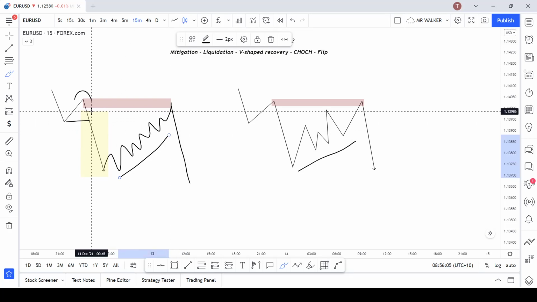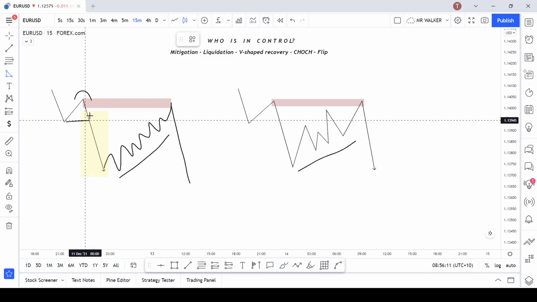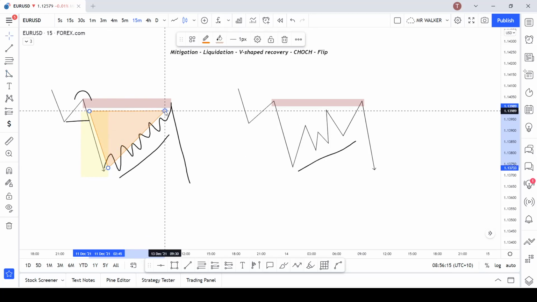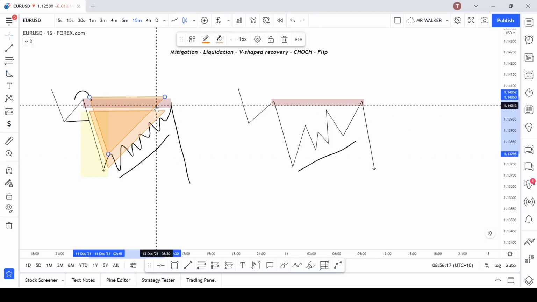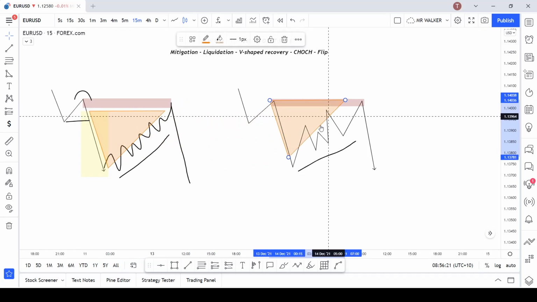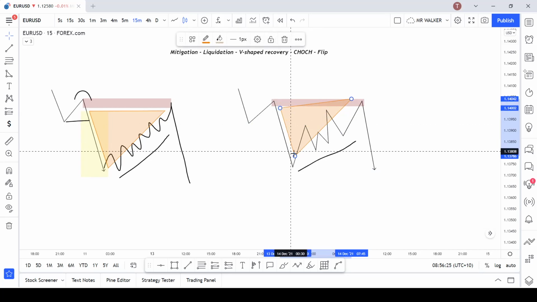As soon as we have filled this liquidity void, we target the next liquidity point or pool. And in here we have a different situation.